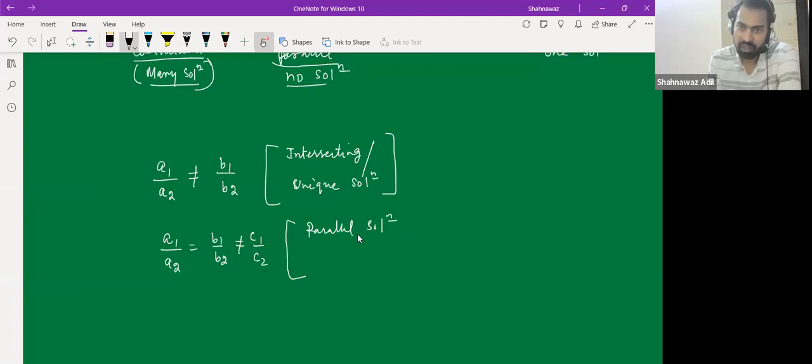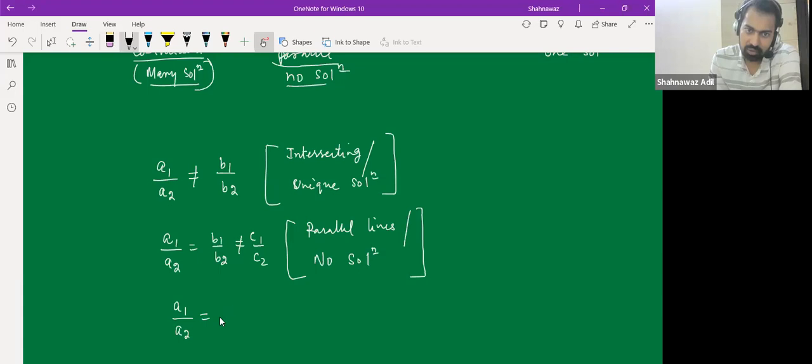For the parallel case, parallel lines, we have no solution. And if all the three ratios are equal, then this is called coincident, which means that we have many solutions.